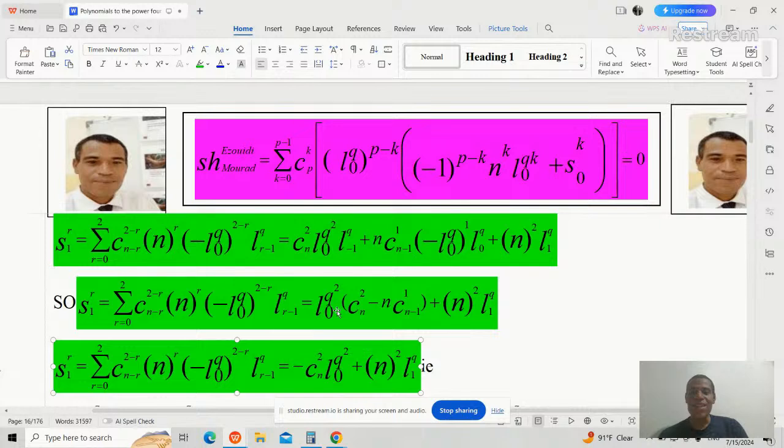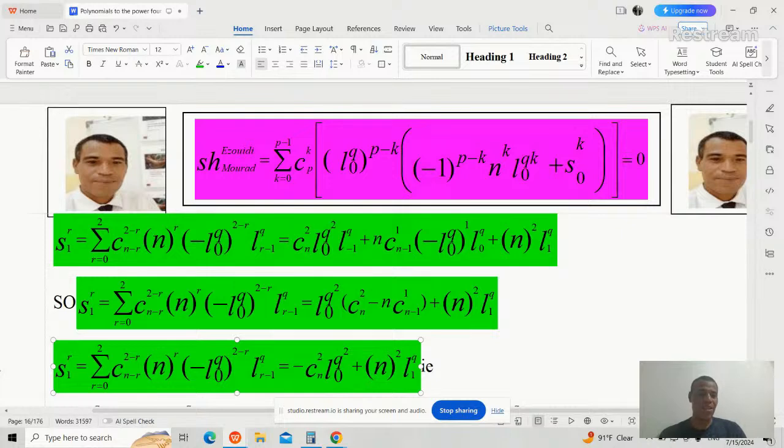S1 has to be written like that, whatsoever the degree of your polynomial function. Now I will proceed and consider the last expression. So S1 of order r for any polynomial to the power n has to be equal to negative combination n choose 2 L0 of the q squared plus n squared times L1.